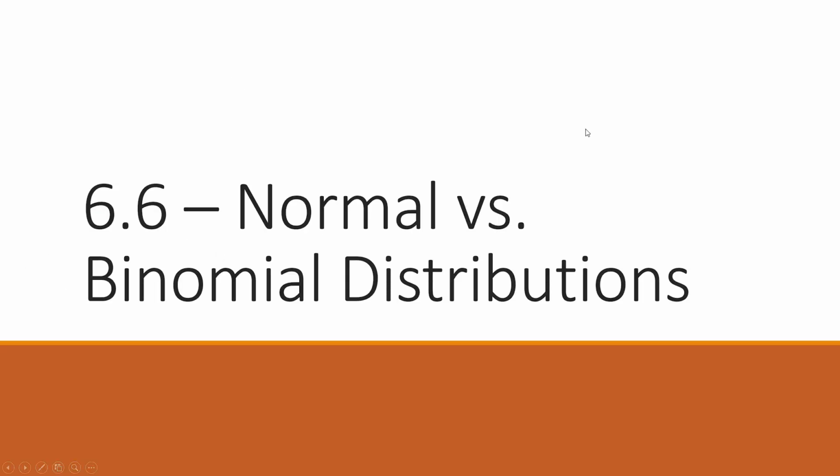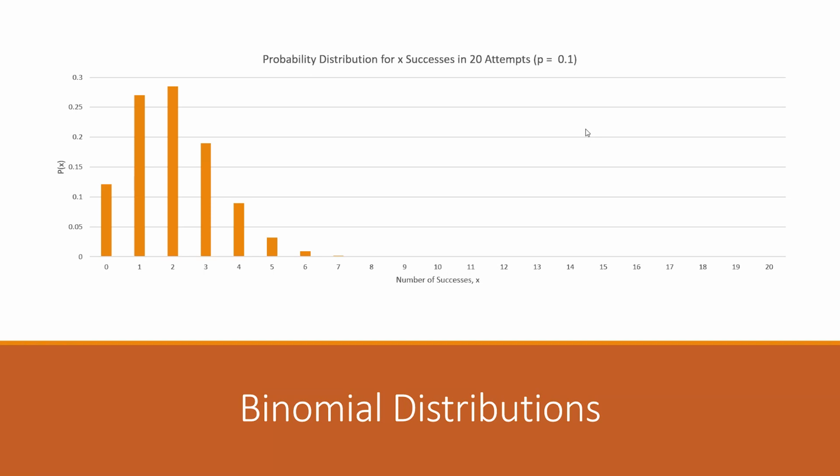And here is where we come full circle. Here is where we start to look at the answer to the question that got us into this normal discussion way back at the start of the chapter. How do we approximate the binomial distribution curve? And I said, well, we'll just use the normal curve.